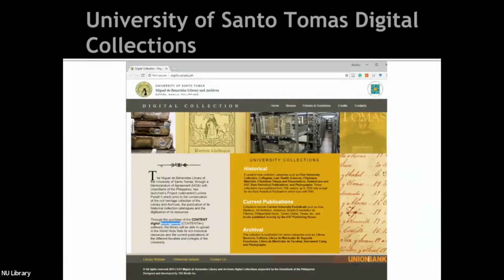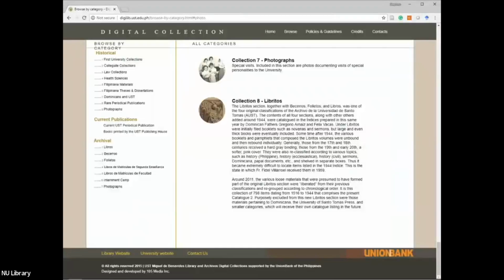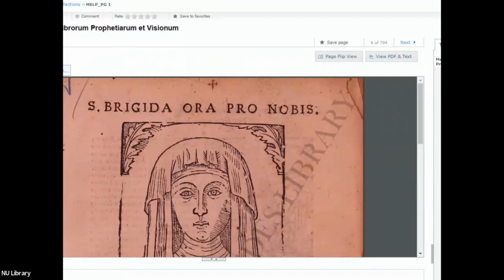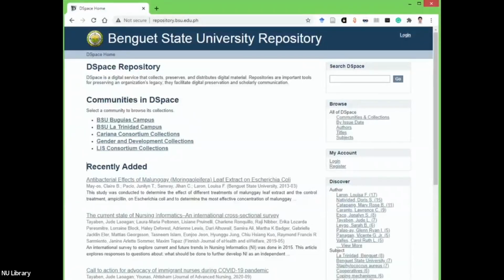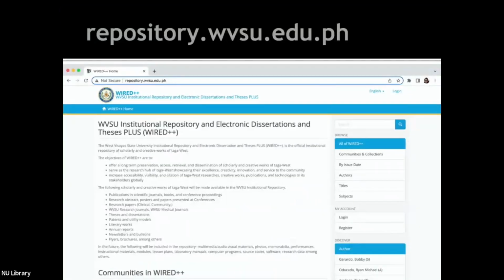One of the universities that has a rich collection of archival materials is the University of Santo Tomas, with photographs and libritos which are centuries old. Benguet State University moved from Greenstone to this space. And this is what we are helping with now, the WVSU Institutional Repository, or WARD++.